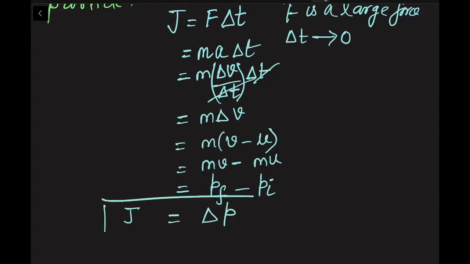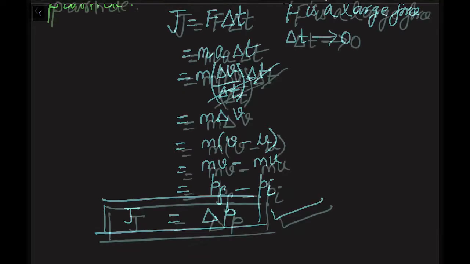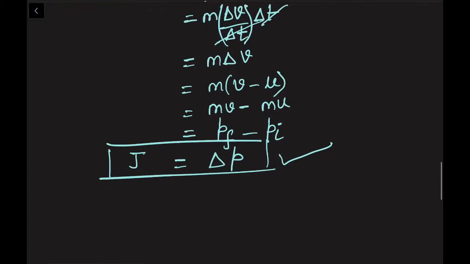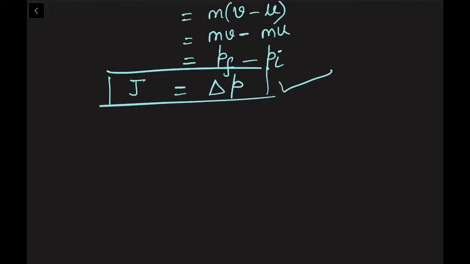Keep this in mind, either you can write J is simply the product of force and interval of time for which that force is applied, or you can say impulse simply means change in momentum. From here I can write this equation as F into delta t is equal to delta p.